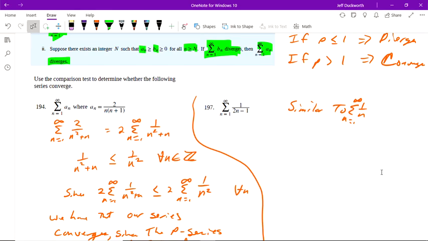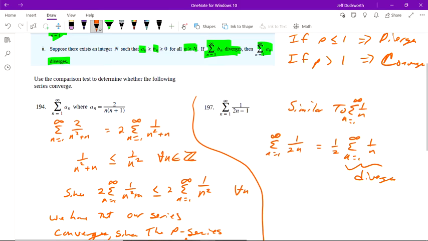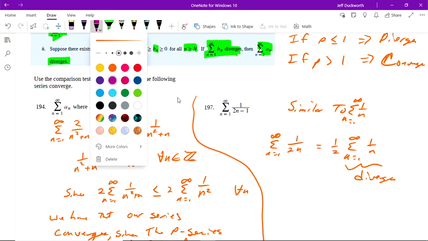But let's take the series 1 over 2n. This is equivalent to 1/2 times the sum from n equals 1 to infinity of 1 over n. And this part diverges. So we've got a 1/2 there, okay? So how can we write ours to get a similar value?